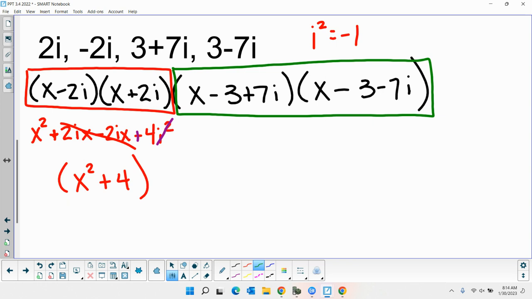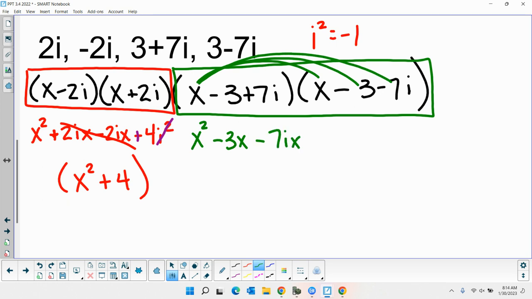All right, so let's do this one first. These 3. X times x, x times negative 3, and x times negative 7i. Any questions on those 3? All right.